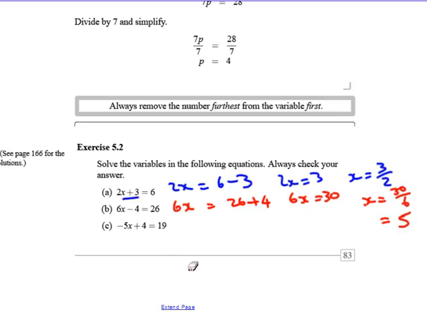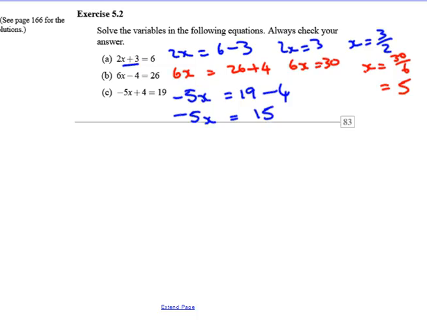Okay. In the next one, I'm going to keep the minus 5x where it is. I'm going to bring the 4 to the other side, and because it was added, I'm now going to subtract. So minus 5x is equal to 15. Now, this is the part that I find at school level often is done incorrectly. Okay. The minus 5 is multiplied by the x. Opposite of multiplication is division.